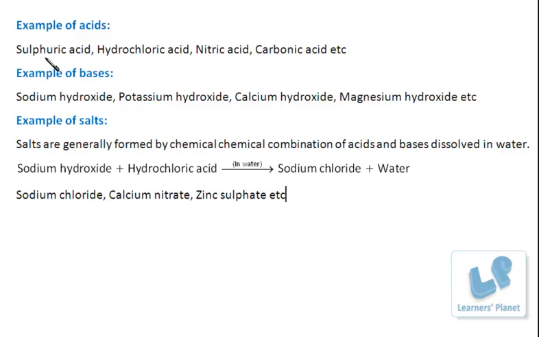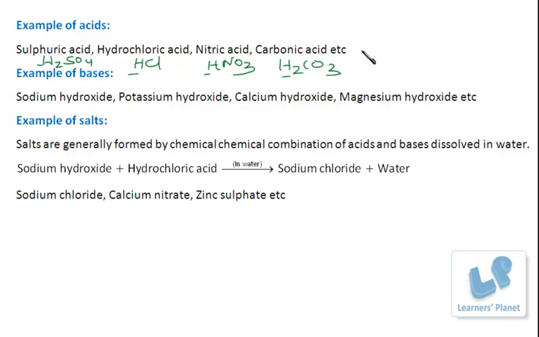If I write the formula, H2SO4 is sulfuric acid, HCl hydrochloric acid, HNO3 nitric acid, H2CO3 carbonic acid. Now one thing common in these acids is hydrogen.